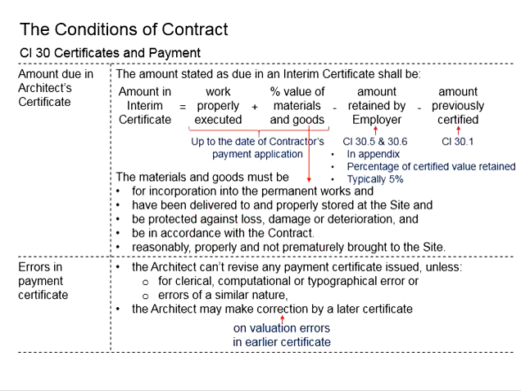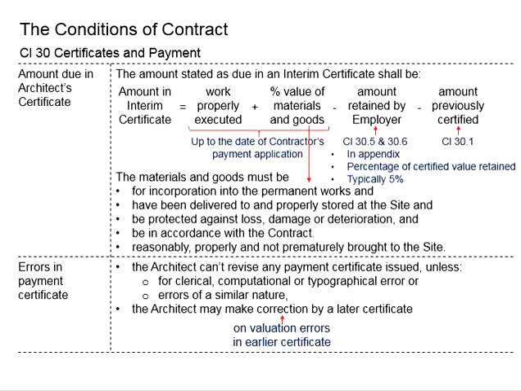That means when we talk about the materials and goods, they shall either be incorporated within the permanent works or delivered and properly stored at the site. It is stated that they must not be prematurely brought to the site. This means that the contractor will have to schedule the delivery properly, and not bring the materials and goods to the site unreasonably early, when they are yet to be used, as this imposes the risk of storage, loss or damage.